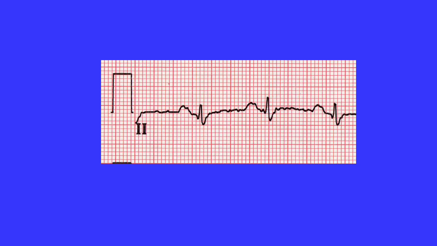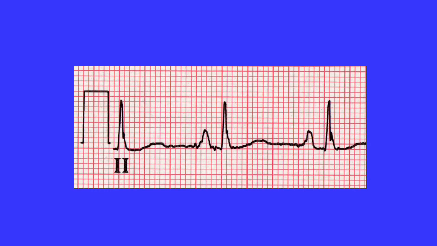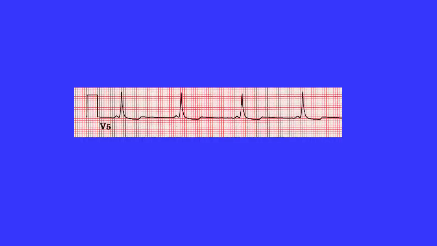What kind of atrial enlargement is this? Is this left atrial or right atrial enlargement? If you look at the P waves in this small strip of limb lead 2, you will see it's bifid, suggesting left atrial enlargement. While in this EKG, the P wave is tall, suggesting right atrial enlargement.